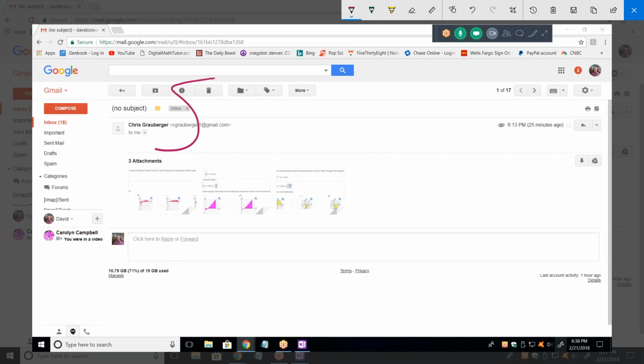Okay, so here's one. The quantity of sine to the 4th of x minus 5 sine squared of x plus sine x, and that's all times cosine of x.